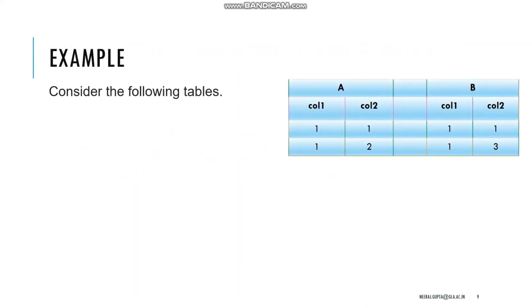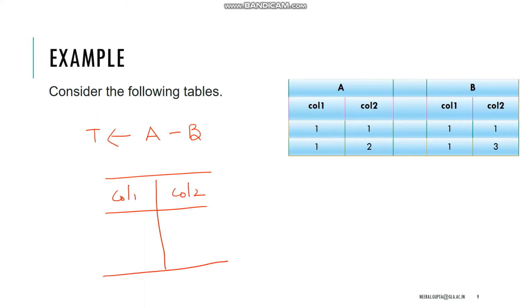When we consider the tables A and B, the final relation T, which is A minus B, involves the tuples which are present in A and not common. This 1 1 is common in both, but 1 2 is not common, which is only present in A. So we can say that 1 2 will be the output.